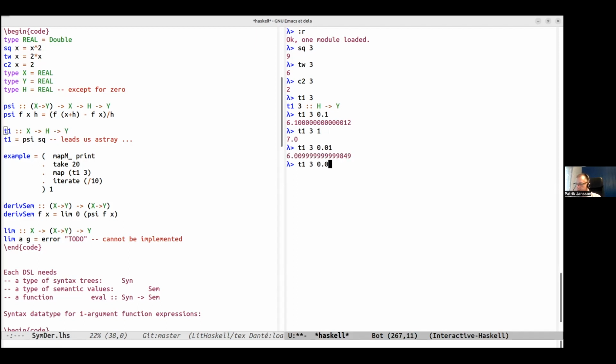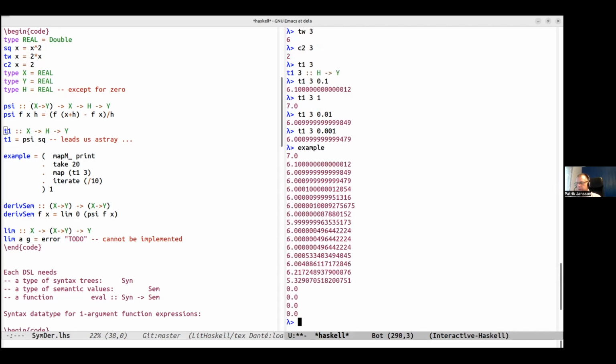So it looks promising here that perhaps we can actually compute in Haskell the limit by sort of letting the h become 10 times smaller repeatedly until it stabilizes. Unfortunately, due to rounding error, this doesn't quite work.